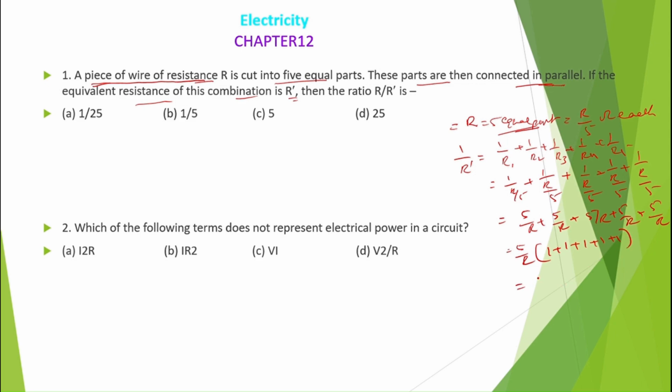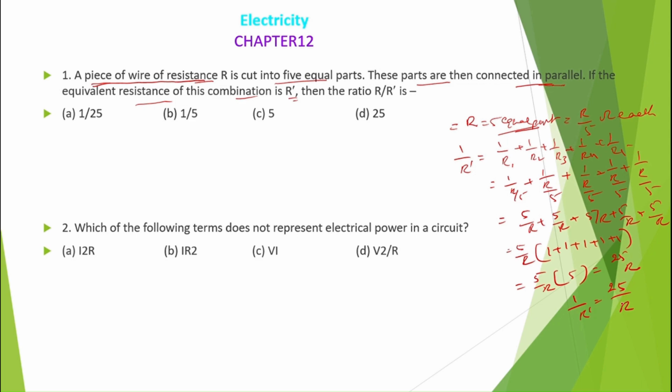So if you simplify, 5 divided by R, 1, 2, 3, 4, 5, into 5, which is equal to 5 5s are 25 by R. So 1 divided by R dash, how much we got? 25 by R.